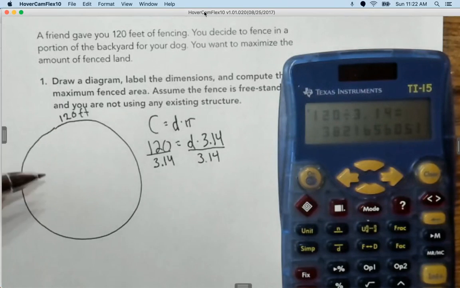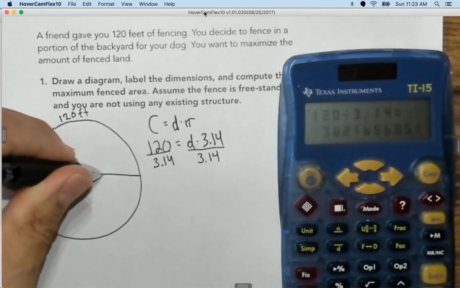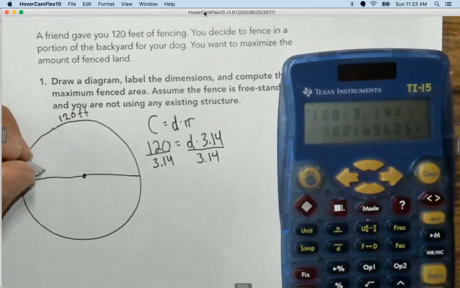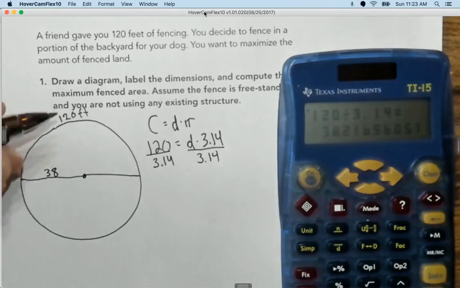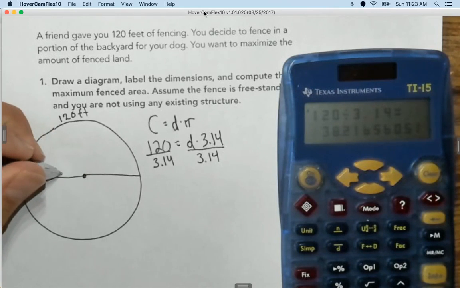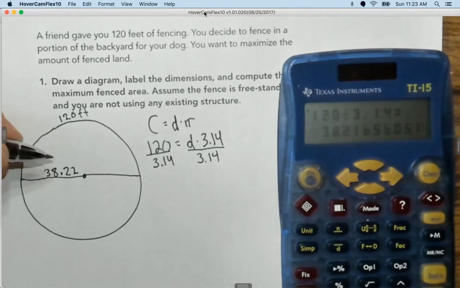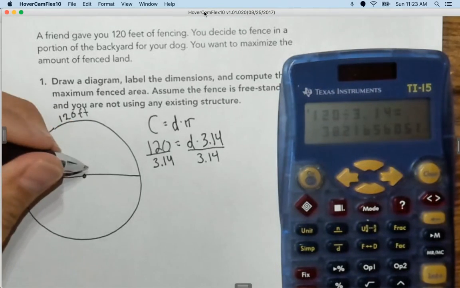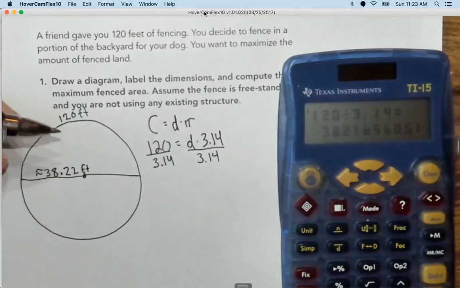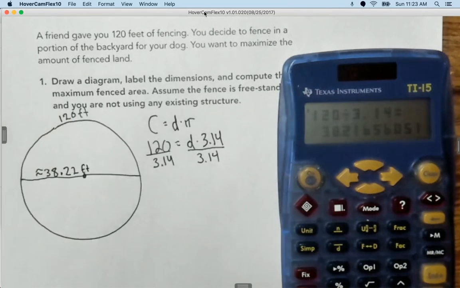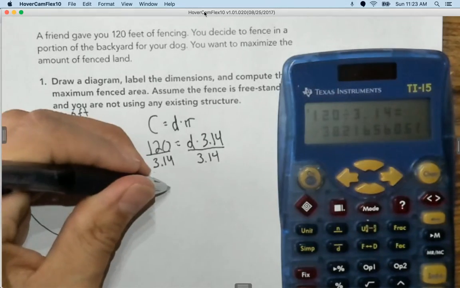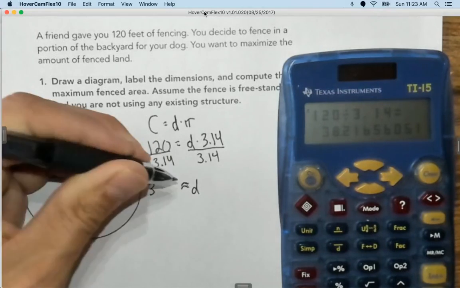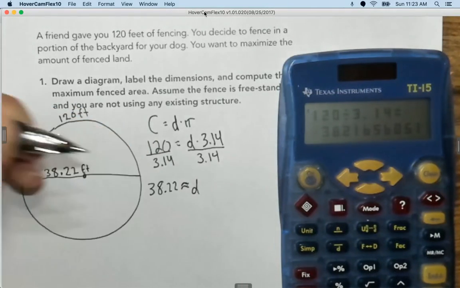I would take 120 and divide it by pi, and I would get a diameter of about 38 and 22 hundredths feet. It would not be squared because it is the diameter.